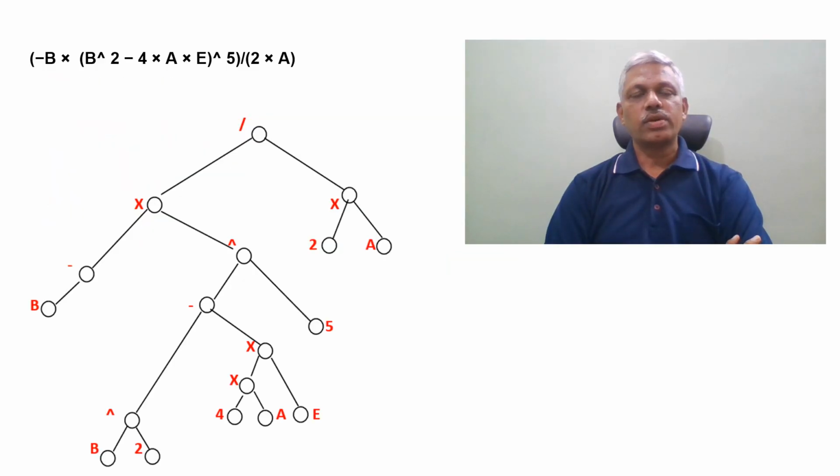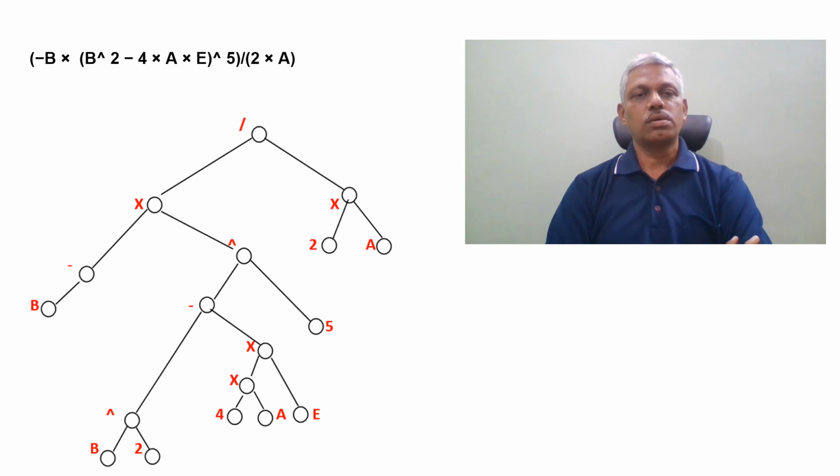As an example, if we observe the mathematical expression given here, the brackets come first. Within brackets, the innermost bracket consists of the expression b power 2 minus 4 multiplied with a e. So exponentiation comes first, so b power 2 is represented with b and 2 as leaf nodes, followed by exponentiation as the parent node of those two.